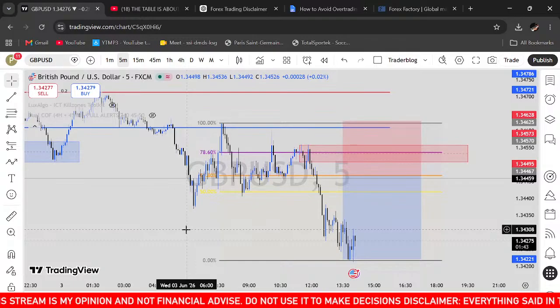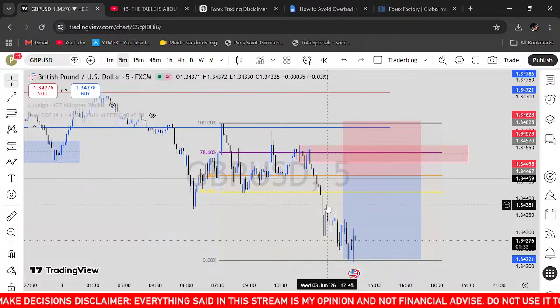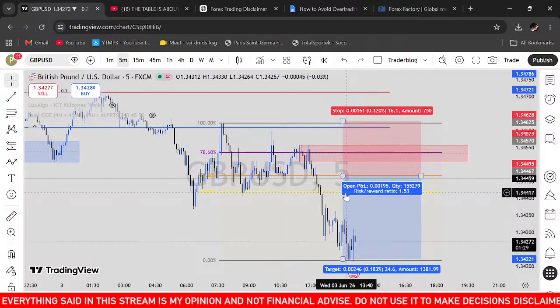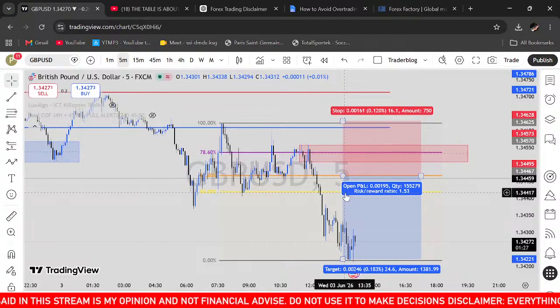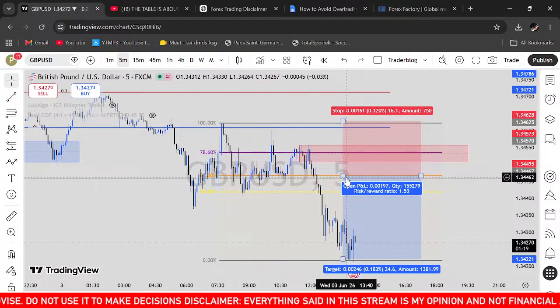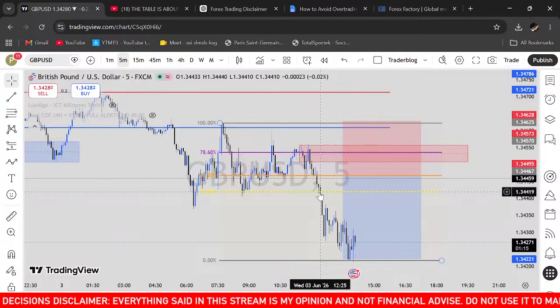I'm afraid that if I don't enter right now, this thing can turn here and go. Let's say for this same setup that we are looking at today, when price gets to the 50%, I'll say, let me enter my first sell.